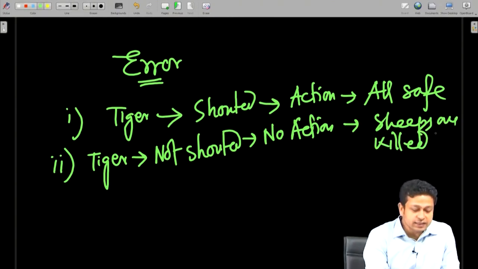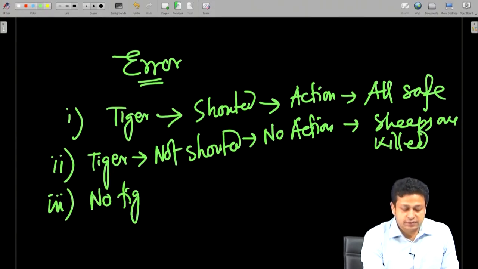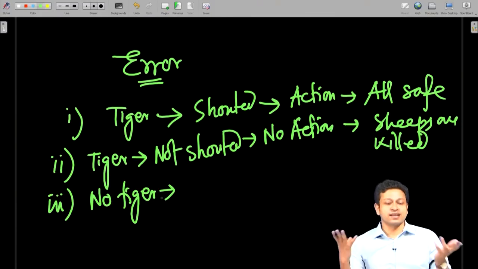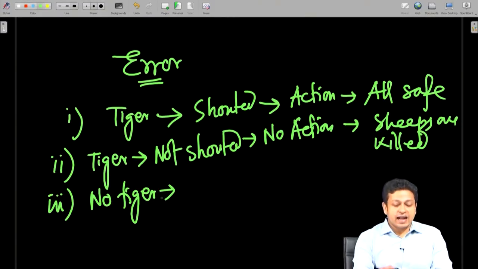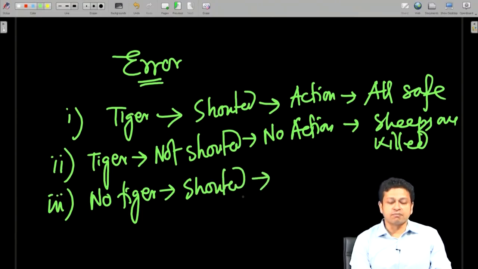What is the third possibility? Let us say there was no tiger. Our shepherd boy decides to have a prank, and ends up shouting that there are tigers. When he shouts, the villagers will come, because everybody wants to save him.